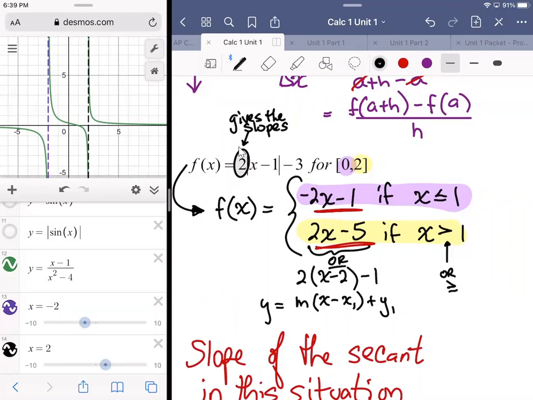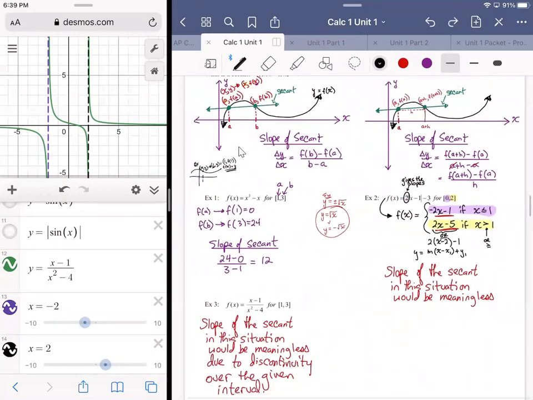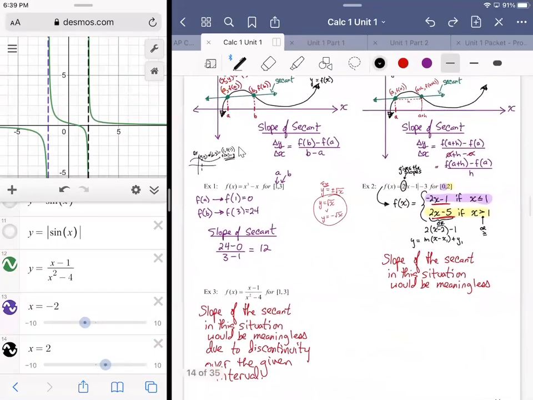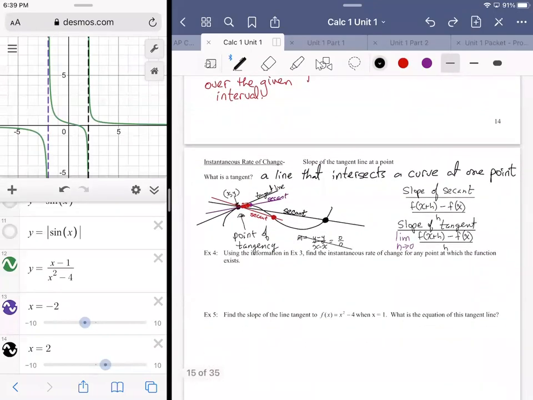We'd only focus on points that are on the appropriate piece. So if I said find the slope of the tangent line when x is equal to 2, then I would only focus on this piece of the piecewise function. So you'd have to be strategic in terms of your domains, which is one of the reasons why we always talk about domain. You know, the last two courses coming into this one, there's conversations about domains, and it's like, oh, we're always going to talk about domains, I guess. So that's the idea.